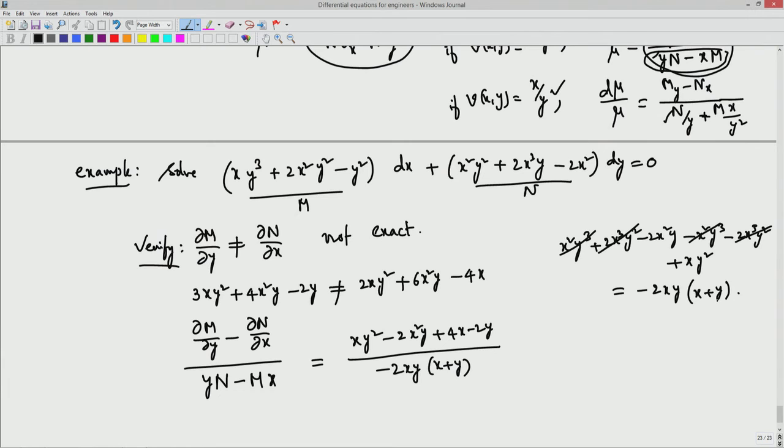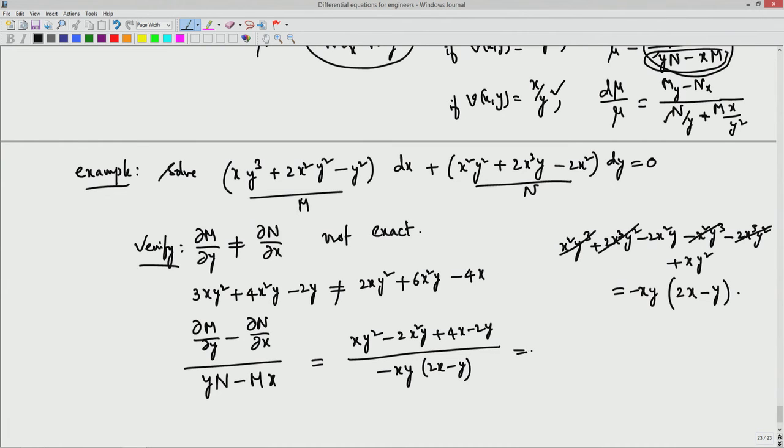x plus y or x minus y? x minus y, right? So no, this is actually not right. So you have xy common, minus xy, you take it out, so you have minus 2x, and here xy², so minus y. So you have minus xy(2x − y).